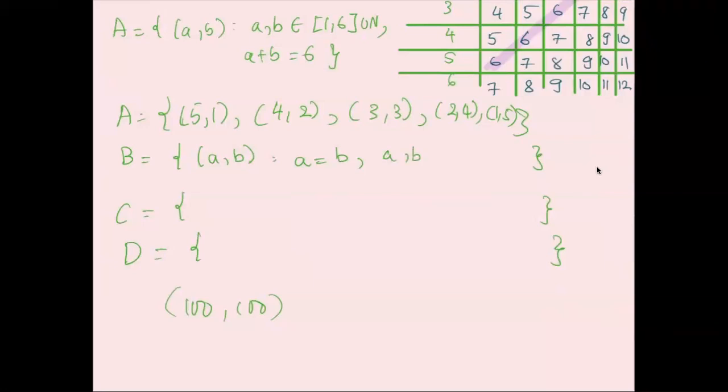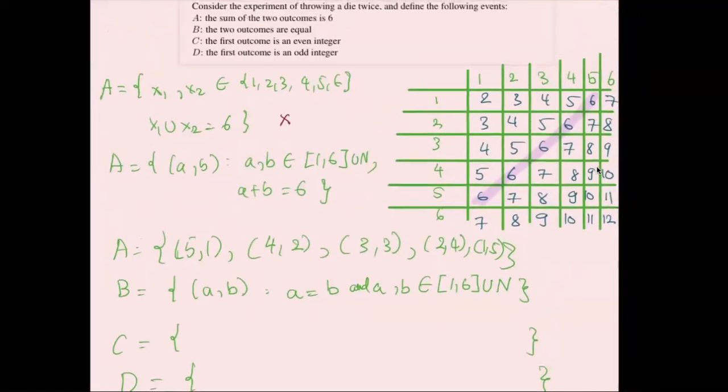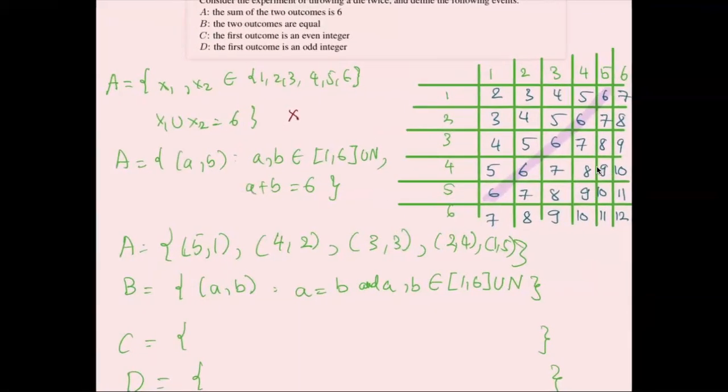A and B belong to the closed interval 1 to 6 union with N. So we need two restrictions. The first one is that the value of A and B has to be 1, 2, 3, 4, 5, 6. And then the second condition is that A has to be equal to B. So that is correct.